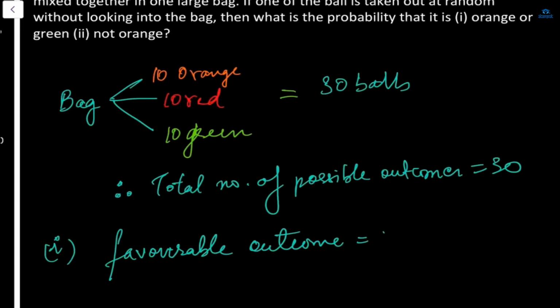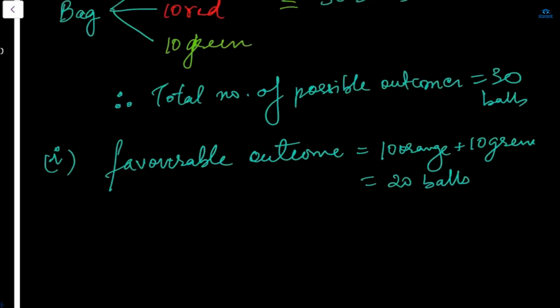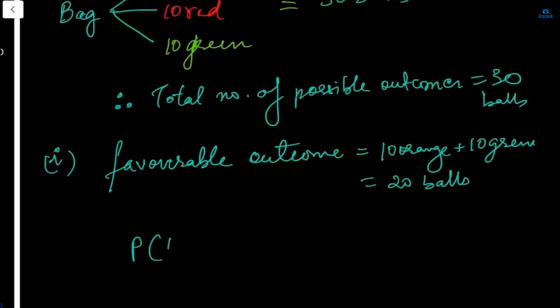So it will be 10 orange plus 10 green, which is equal to 20 balls. The probability of getting an orange or a green ball will be 20 upon 30, which is equal to 2 upon 3.